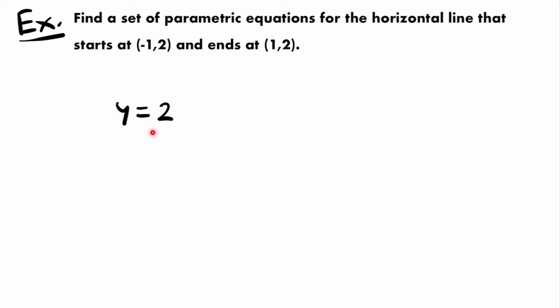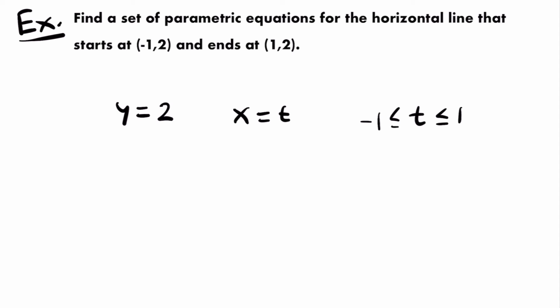But how can we represent this as a parametric equation? Well, all we have to do is let x equal t, right? Y is not dependent on the value of t, but x will be. Our values of x are going to change. We have a horizontal line that starts at x equals -1 and ends at x equals +1. So if we just let x equal t and define t as being between -1 and 1, including those values, then right here we have a set of parametric equations.